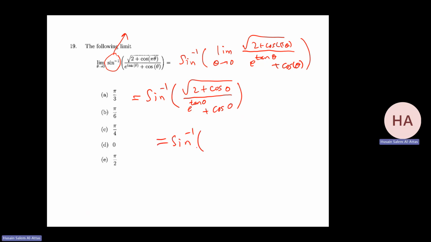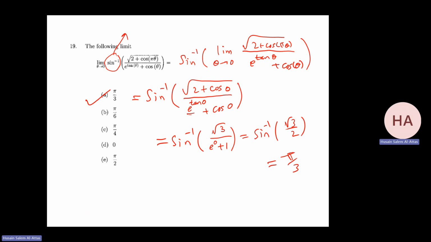So that'll give me what? Sine inverse. Here cosine 0 is 1, so that's square root 3. E to the power tan 0 is 0, so it will be e to the power 0 plus 1. So it will be sine inverse of e to the power 0 is 1, square root 3 over 2. When is that? Pi over 3. And that will be my answer.